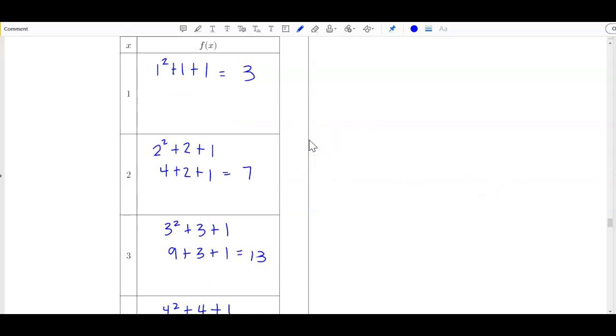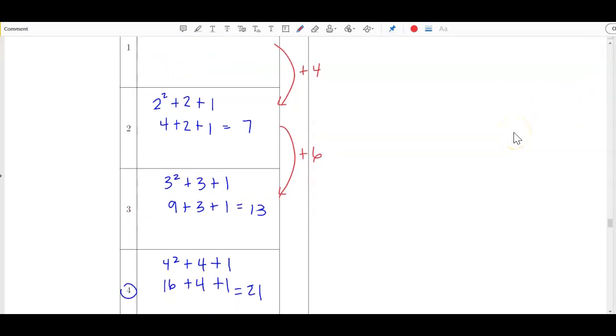But let's look here. Do you see that this relates to one of the ones that we just talked about on the other page? Here we're going up by 4, here adding 6, and then the next one adding 8.